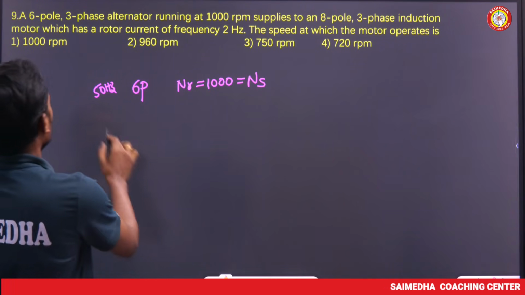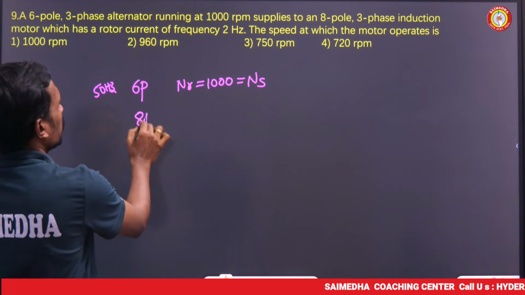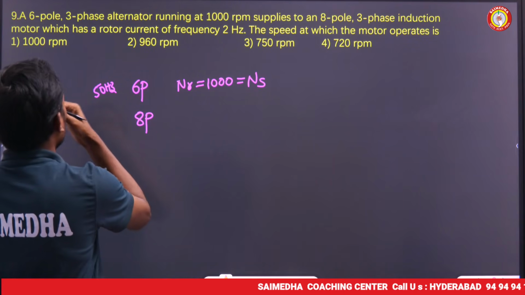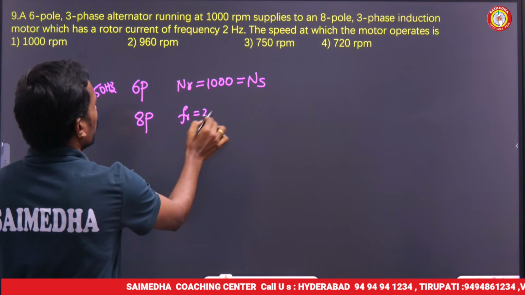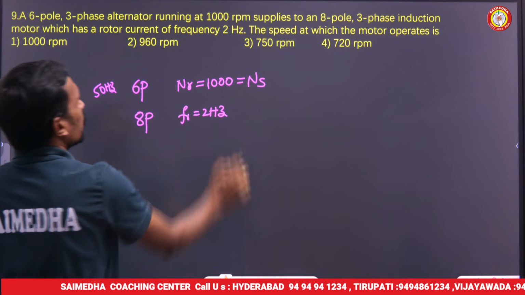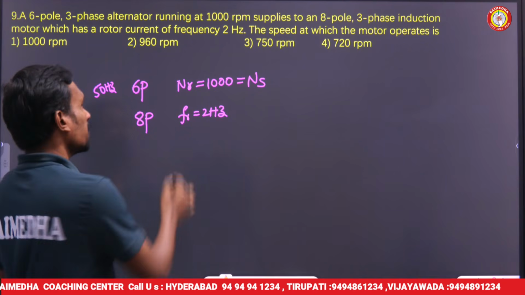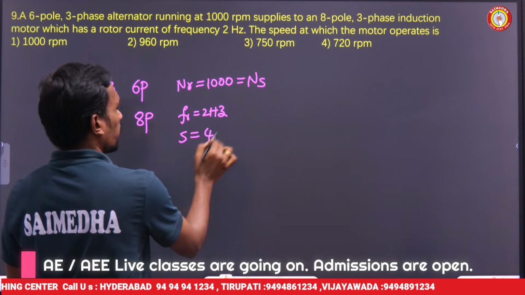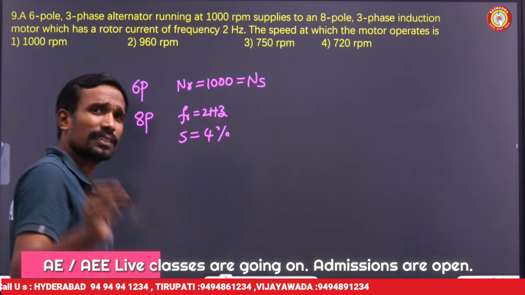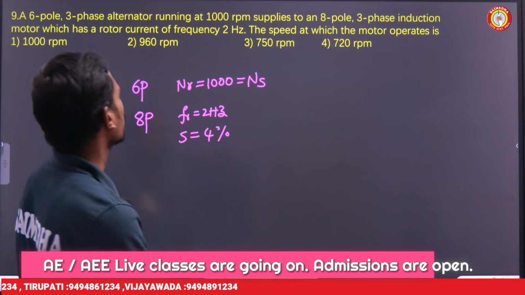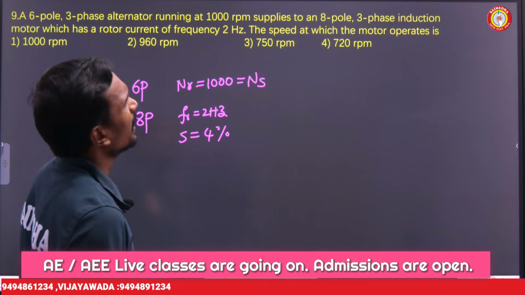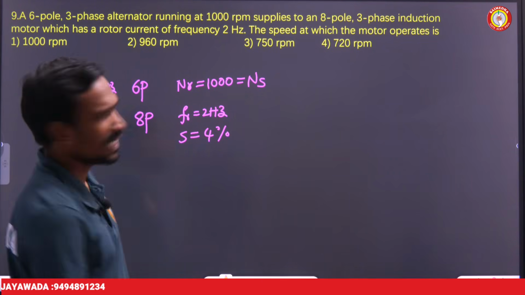And an 8-pole 3-phase induction motor has rotor frequency 2 Hz. Rotor frequency 2 Hz is nothing but a slip value of 4%, right? Because if the slip is 4%, the rotor frequency is 2 Hz, we can say directly. The speed at which the motor operates is?